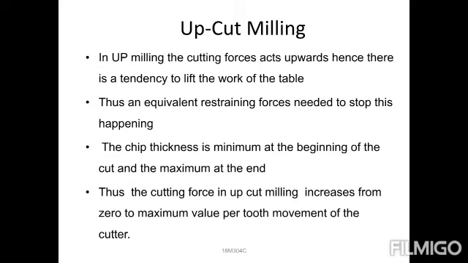So the chip thickness is minimum. How much material will be removed? It is a minimum, meaning a small amount at the beginning of the cut. Whenever the cutting tool contacts the workpiece, the material will be removed in the form of a small chip at the beginning only.